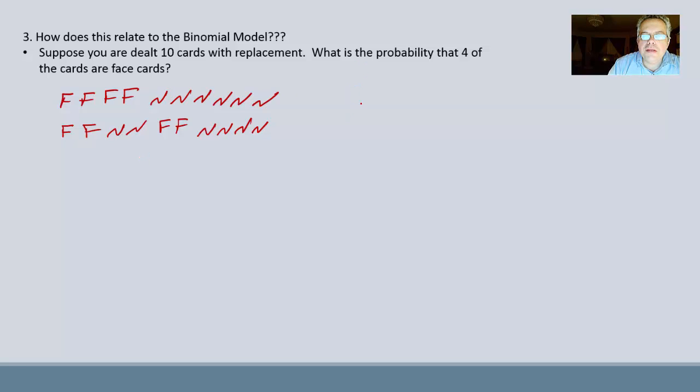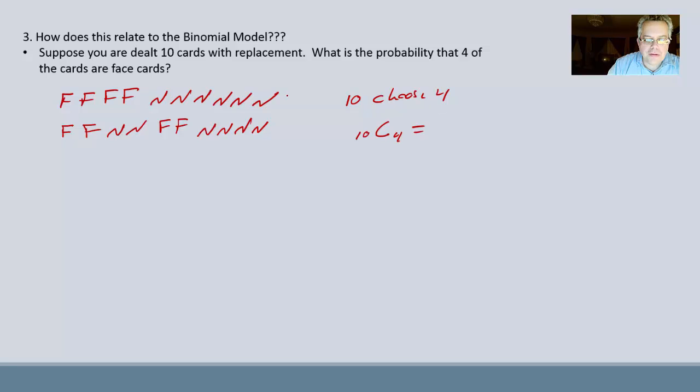So the number of ways this could happen is 10, choose 4. We're pretty much picking the spots the 4 face cards are going. Okay, so these are different events. Getting the first 4 cards face cards is different than 2 face cards, 2 not face cards, and 2 face cards, etc. We have to count for all the possibilities. So how many different ways can this happen? 10, choose 4.